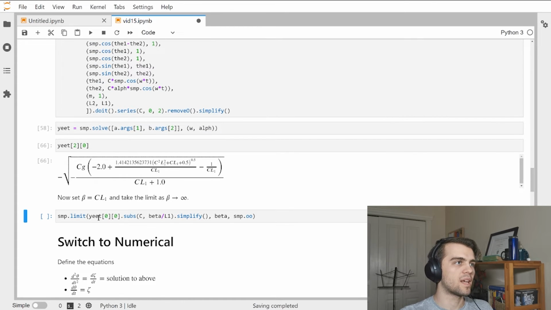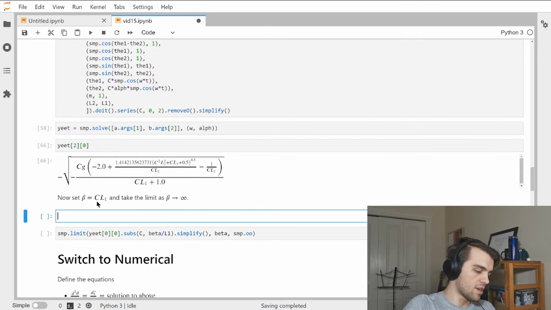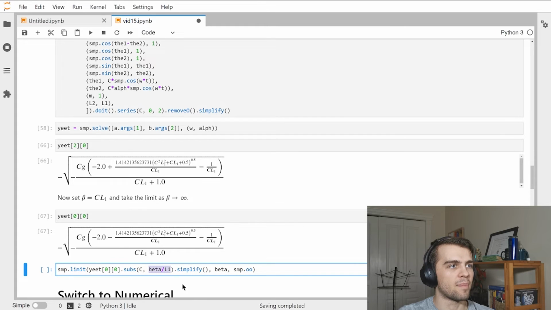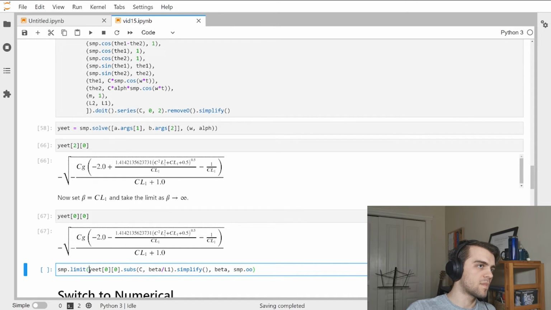In order to do that, let's look at my solution here. I have soln[0], 0, for example. That will give me my first frequency. I'm going to substitute everywhere I see a C, and replace it by beta divided by L1. That's just this equation here. Then I'm going to take the limit as beta, that's this sp.limit here, goes to infinity.